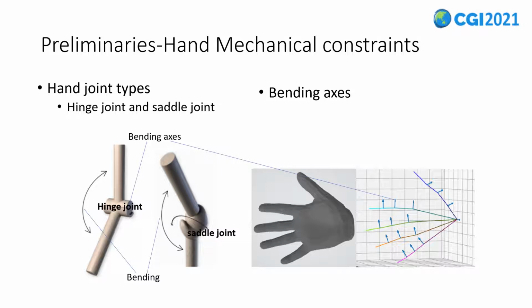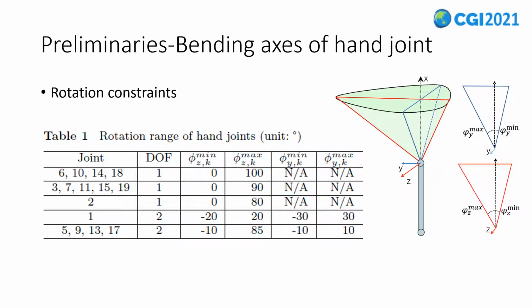Biomechanical constraints are exploited to constrain the motion range of these angles. As shown in the figure on the right, the origin of joint K is placed. The x-axis points from the parent joint to itself, and the rotational axes of the bending motion around the origin are viewed as y and z axes.